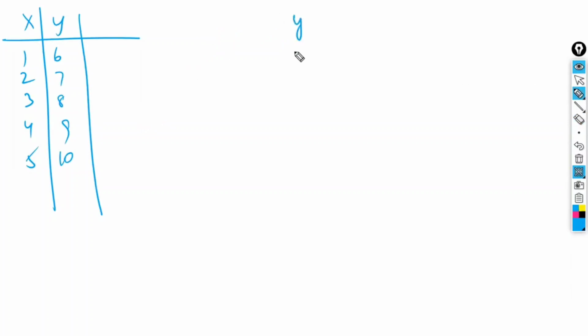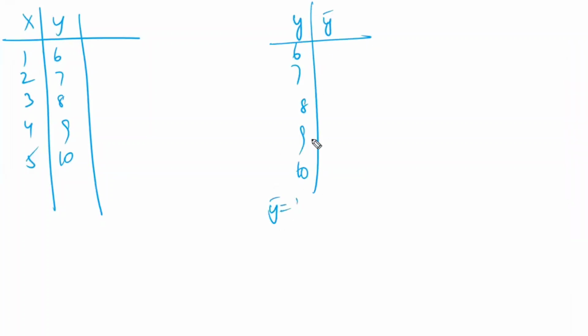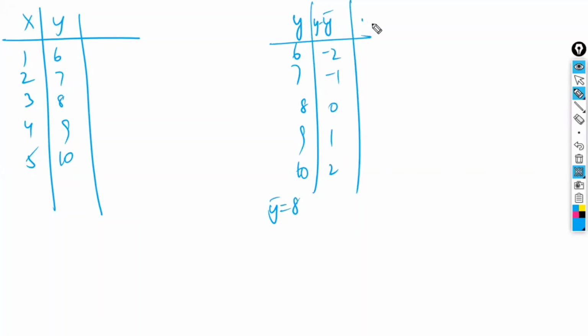Y is 6, 7, 8, 9, 10. The average value is 8. So y minus y bar is minus 2, minus 1, 0, plus 1, plus 2, and y minus y bar whole square is 4, 1, 0, 1, 4. The sum of y minus y bar whole square is equal to 10. In this case, no regression equation is there, nothing is there.